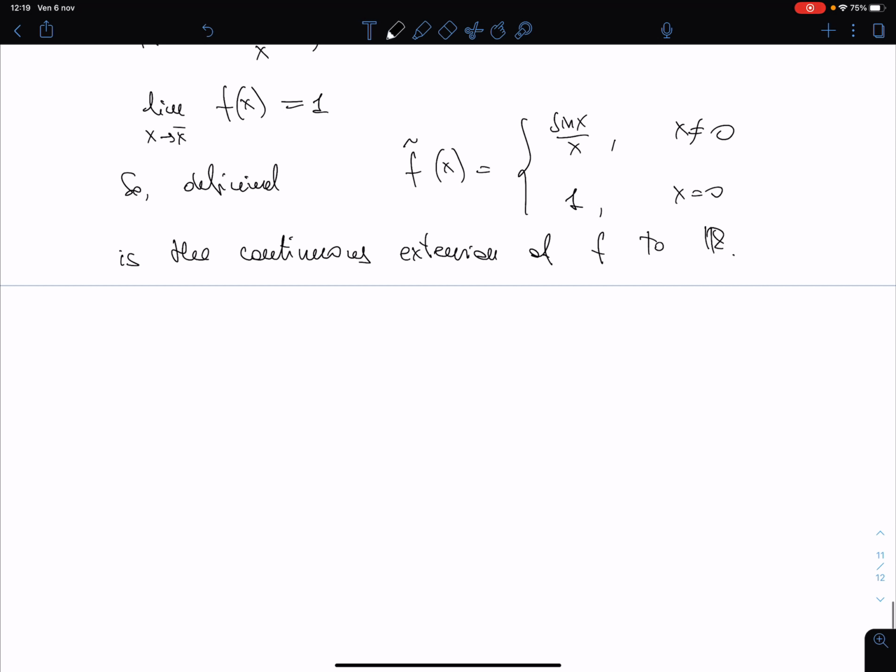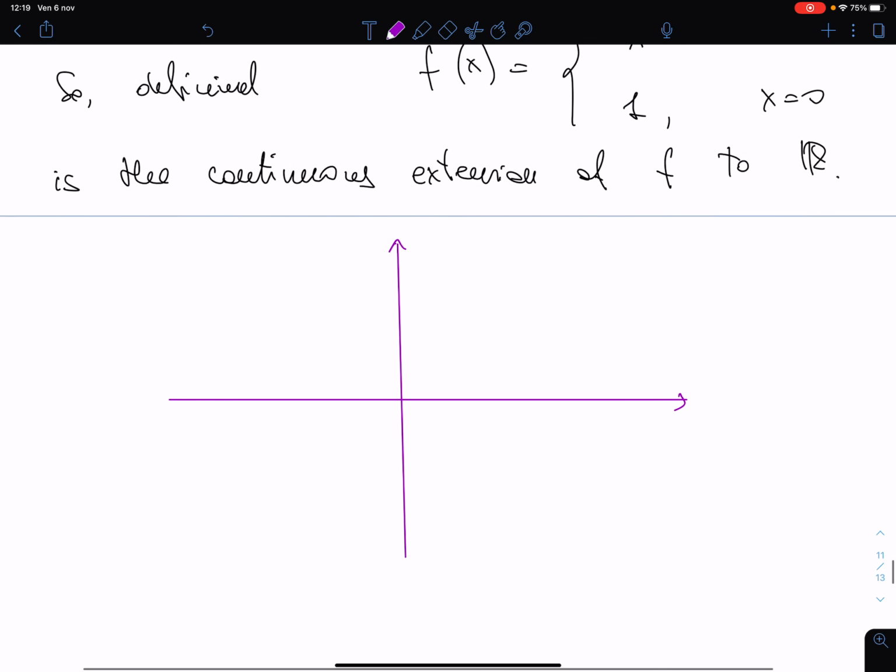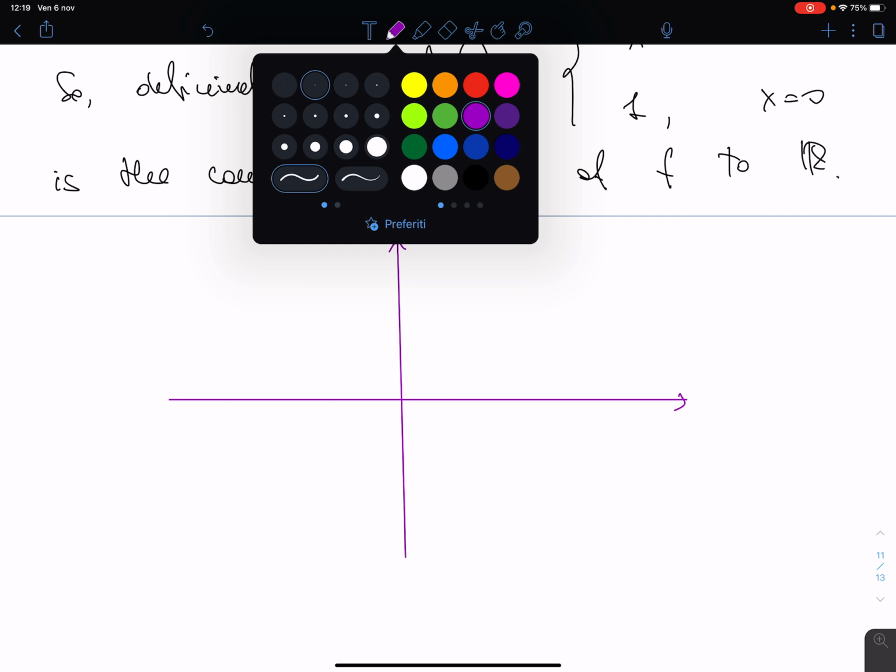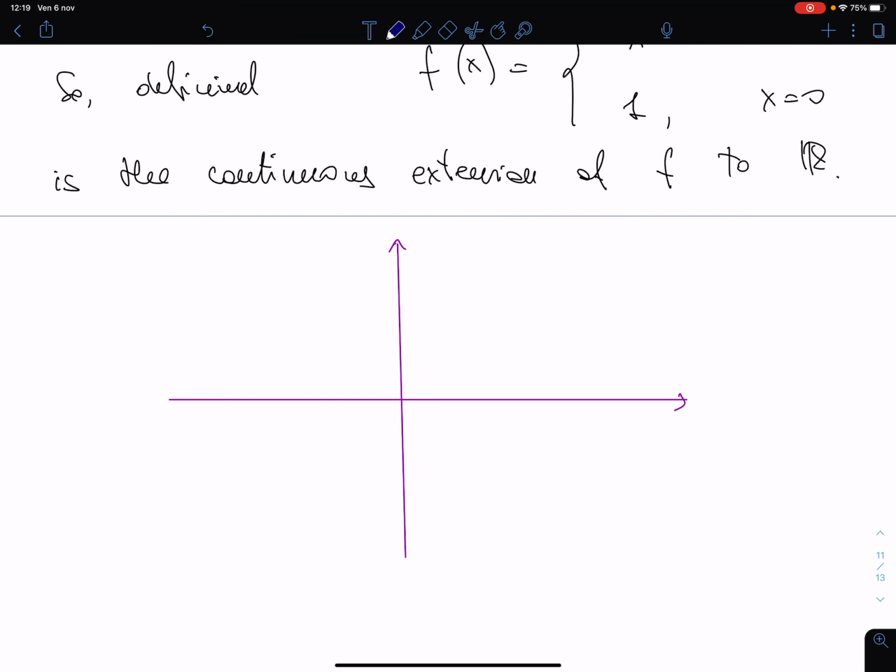And so to let you understand what we changed to f by introducing this f tilde, the picture: this is sine of x over x.